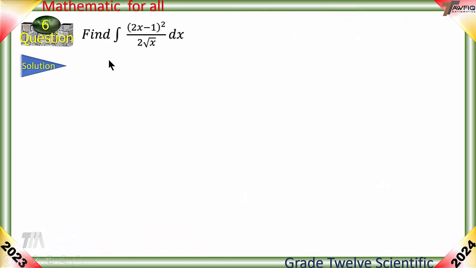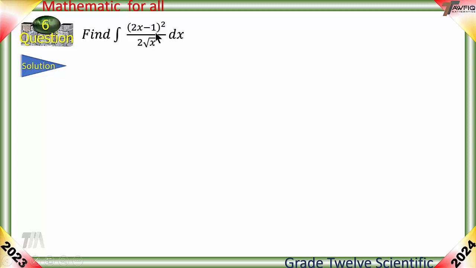Question number 6. Find the integration of 2x minus 1 squared over 2 square root of x. If we take the derivative of the inside of the bracket, it is 2. We have the square root, which is more than these two.